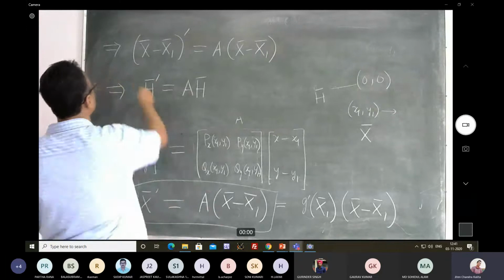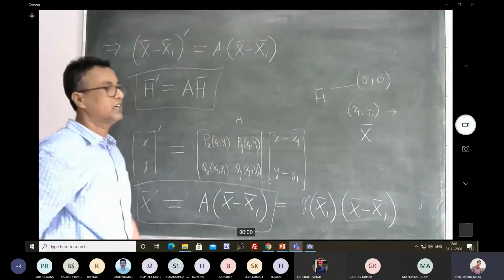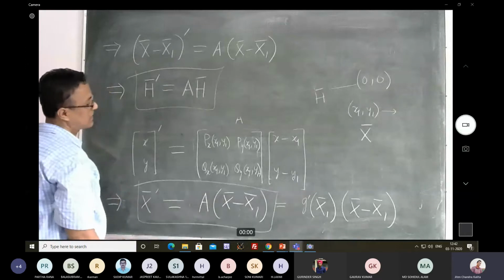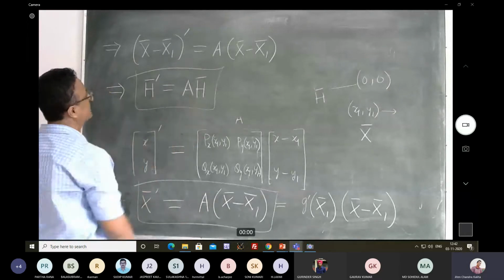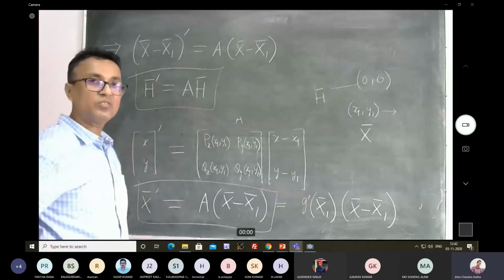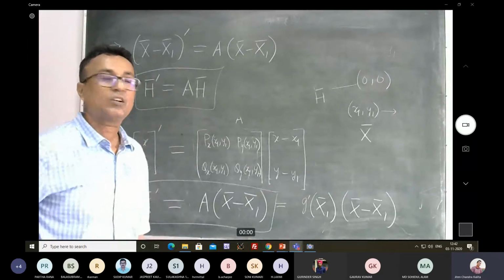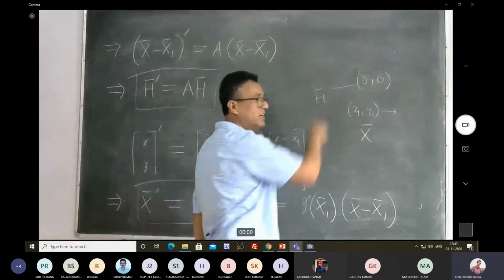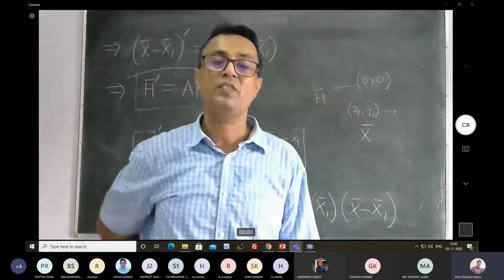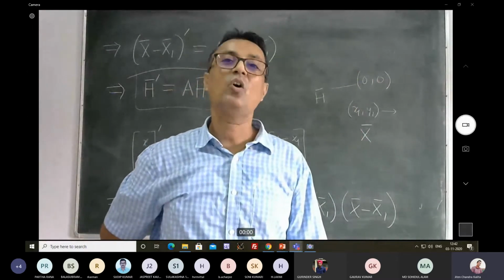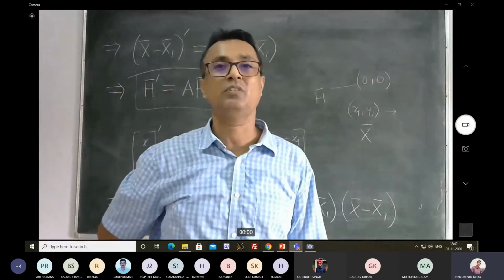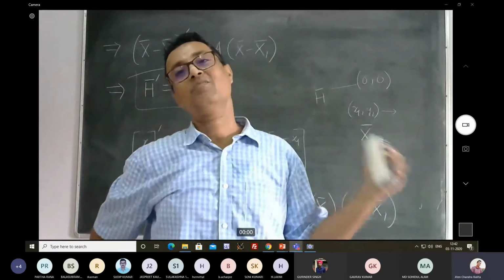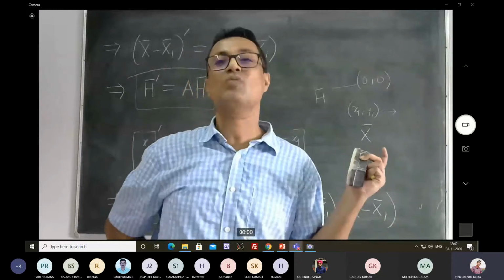So now, if you simply find out the characteristic equation and all the eigenvalues, then corresponding to the point 0, 0 for h bar, you'll be able to find out all the properties, whether it is going to be stable or unstable, right? And that is going to correspond to the critical point x1, y1 for the original system. That's it. That is what we are going to do.